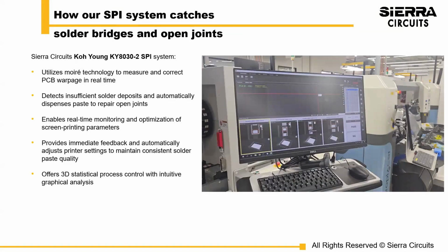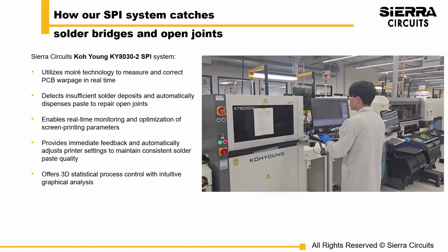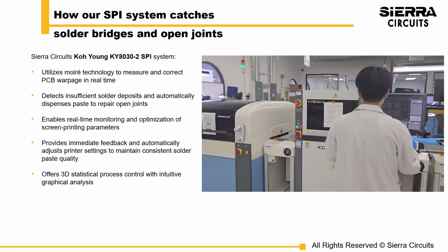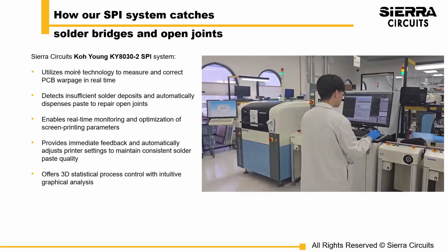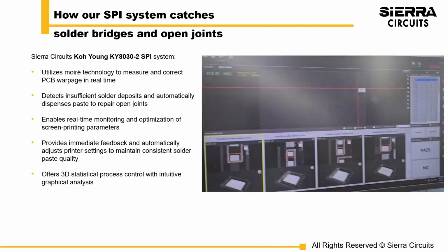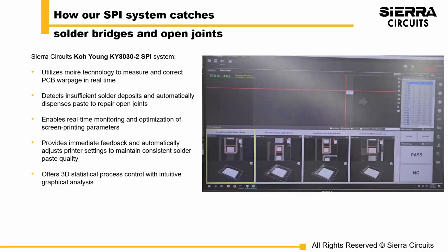So now we can see how our SPI machine catches solder bridges and open joints. There is a video here as well. I'll just play it. Sierra Circuits uses the Co-Young KY8030 SPI system. This advanced machine utilizes Moiré technology to measure and correct PCB warpage in real time. The SPI system can detect insufficient solder deposits and automatically dispense paste to repair the open joints.